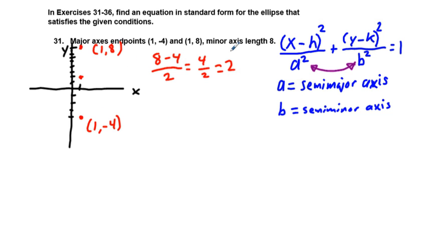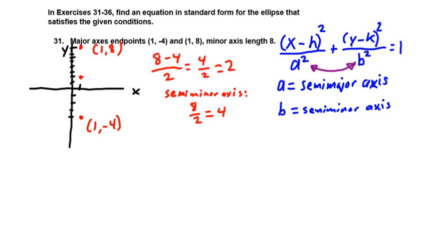And as far as the minor axis length, the semi-minor axis length is going to be our minor axis length divided by 2, which is equal to 4.